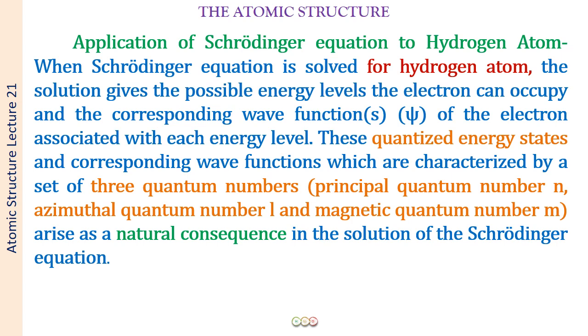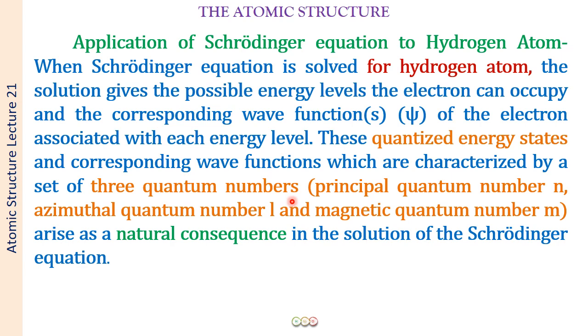So now when we apply the Schrodinger equation to the hydrogen atom, this gives us certain solutions which give the possible energy levels of the electron which it can occupy and the corresponding wave functions of the electron associated with each energy level. And these quantized energy states and the corresponding wave functions are characterized by a set of 3 quantum numbers. So the quantum mechanical model gives us quantum numbers.